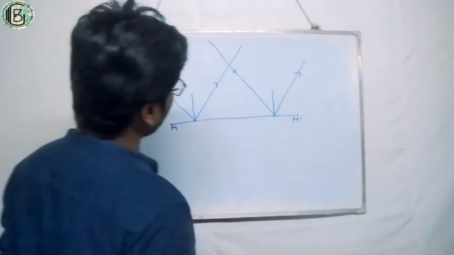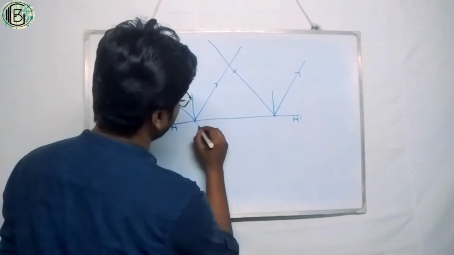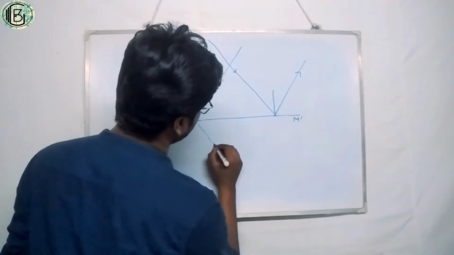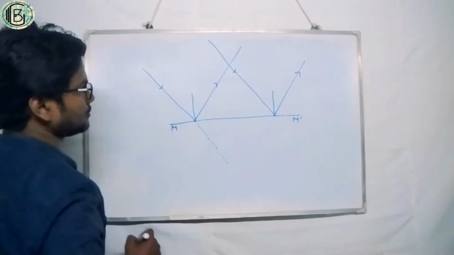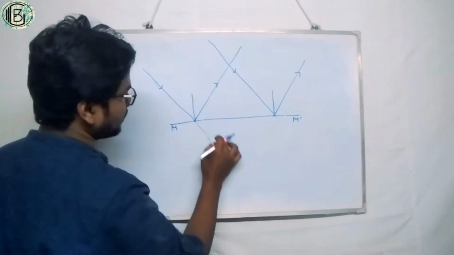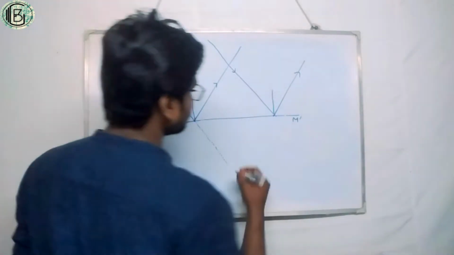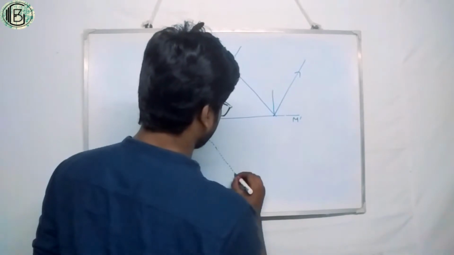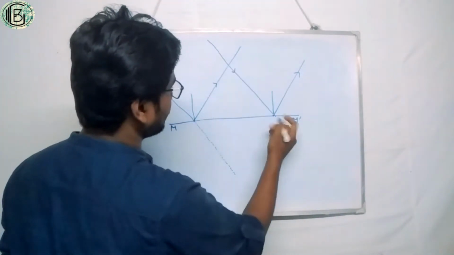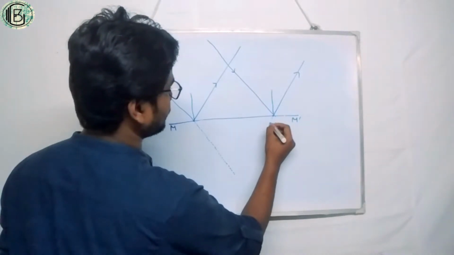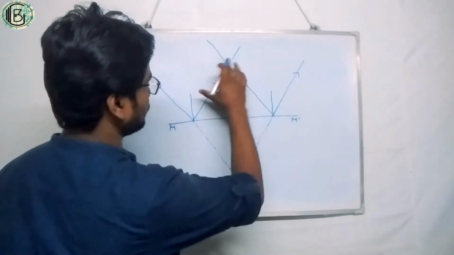Now we are going to extend that portion. Now we are drawing this line parallel to this ray, and again we are extrapolating this portion parallel to this actually.